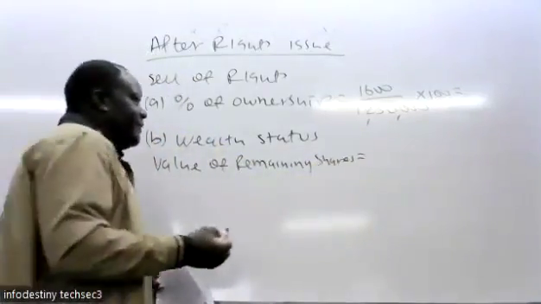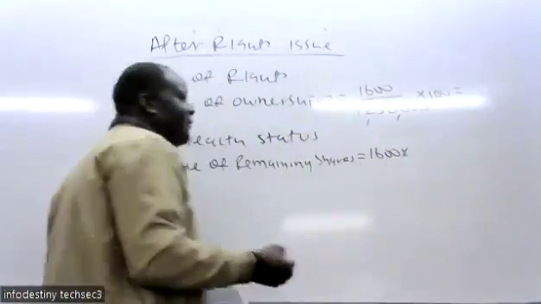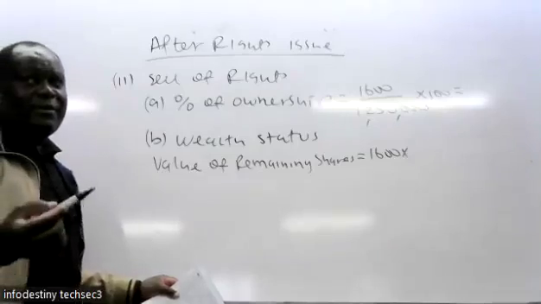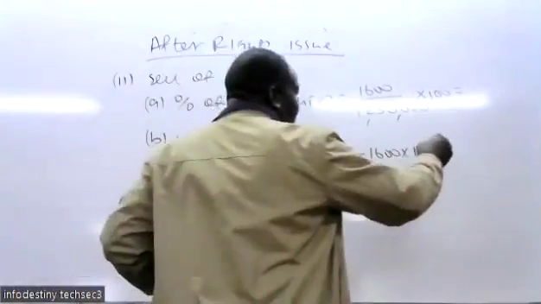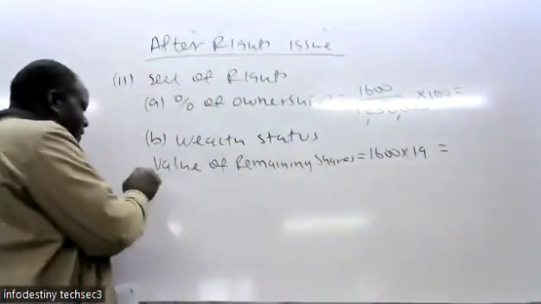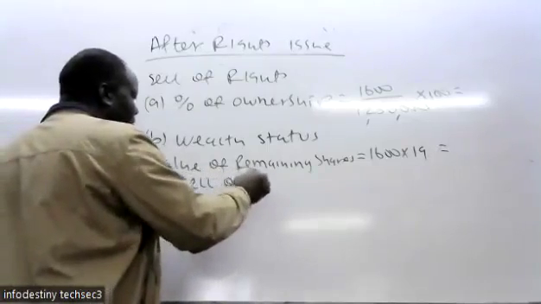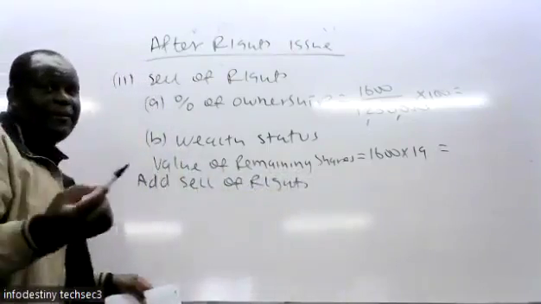So it is remaining with 1,600 shares. But we have said that after the rights issue, all of them are valued at the theoretical ex-rights price. So you multiply by 90. And also add sale of the rights, because you are selling to get money.